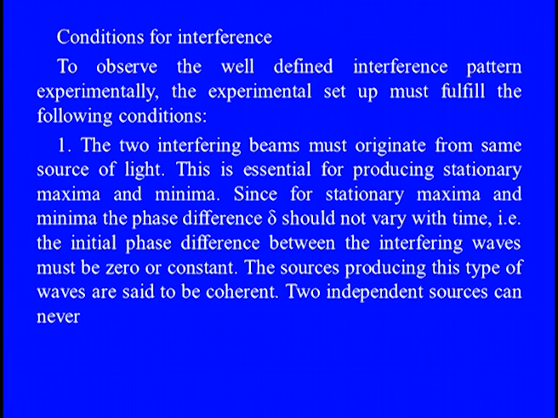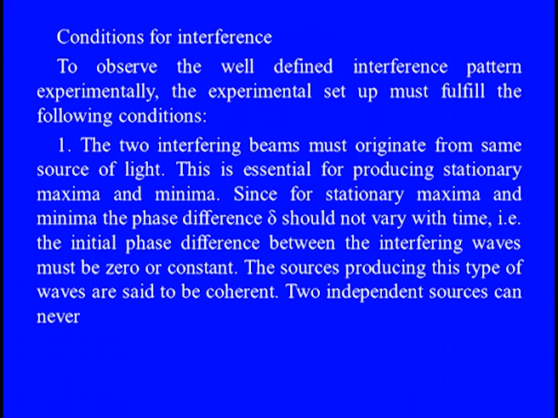Now, I will discuss the various conditions that should be satisfied to get stable or stationary interference patterns. To observe a well-defined interference pattern experimentally, the experimental setup must fulfill the following conditions. Number 1, the two interfering beams must originate from the same source of light.